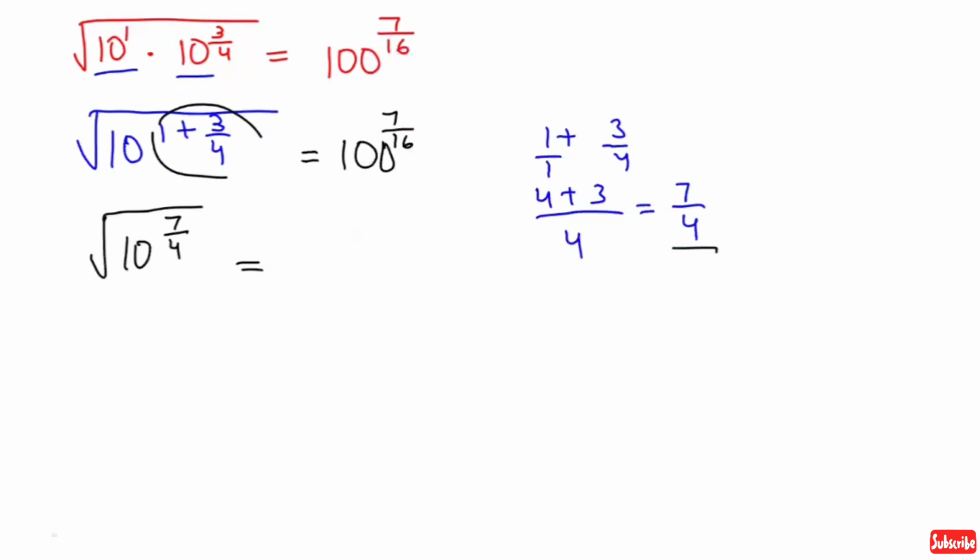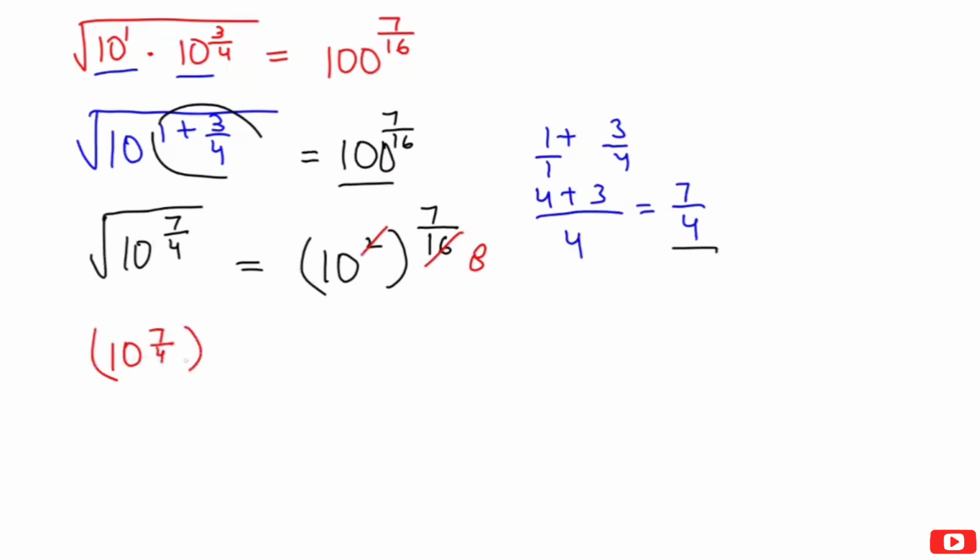Now I am going to change this 100 in the form of a power: 10 to the power of 2, and whole to the power of 7/16. Now here this 2 and this 2 get cancelled out by 8. Now here I am going to again remove this radical by using the radical property. 1/2 is equal to 10 to the power of 7/8.